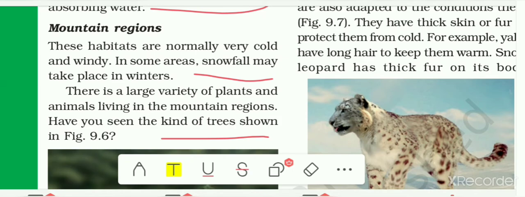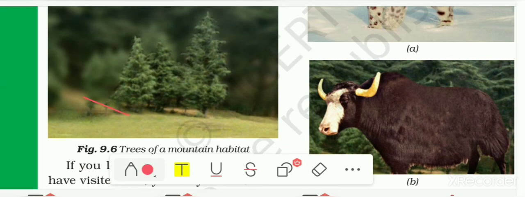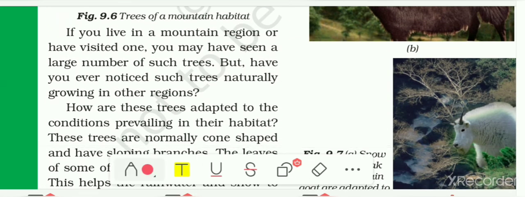Have you seen the kind of trees shown here in figure 9.6? These are the trees of the mountain region, and if you live in a mountain region or have visited one, then you may have seen this kind of trees in larger numbers.